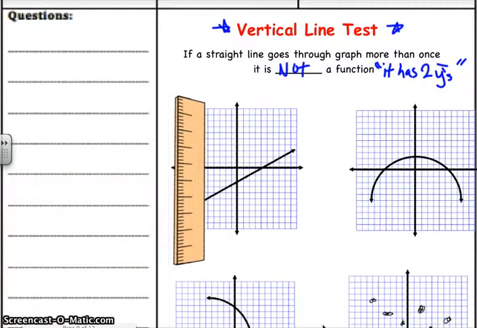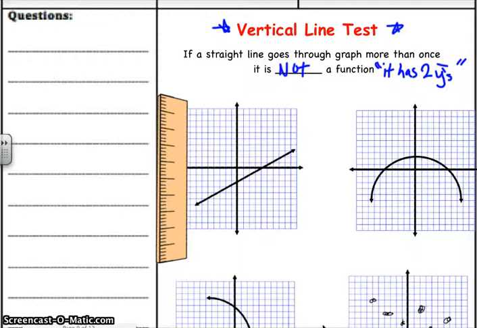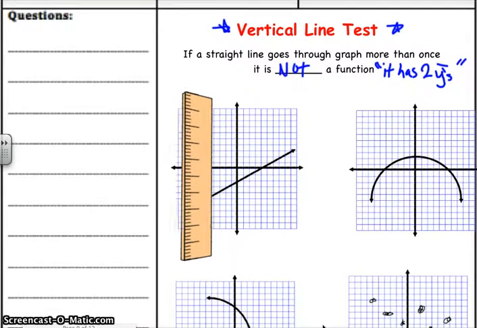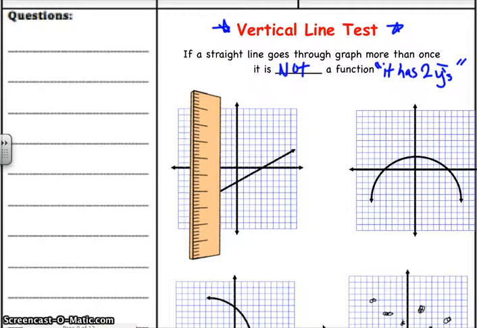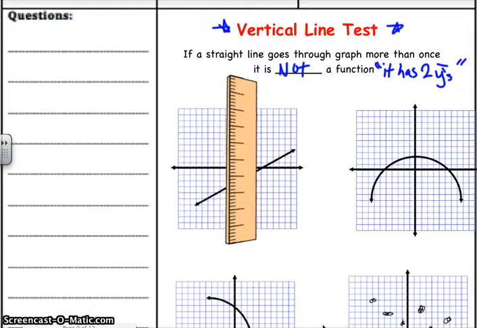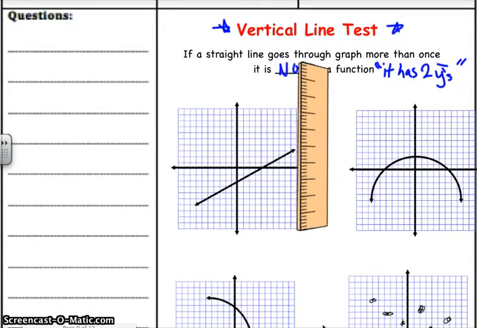Okay, so given this, if I go along my graph, my line, notice it's only crossing the graph one time, at that one point. So because it only crosses one time, this is a function. That's a function because a straight line only goes through the graph once, all the time.